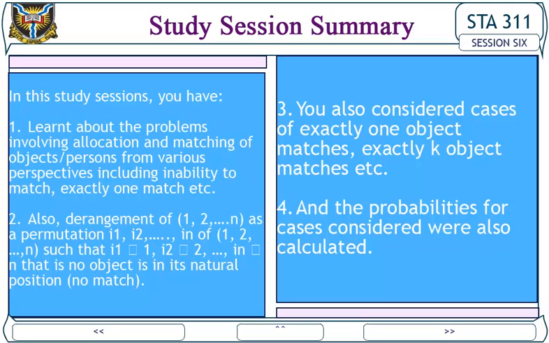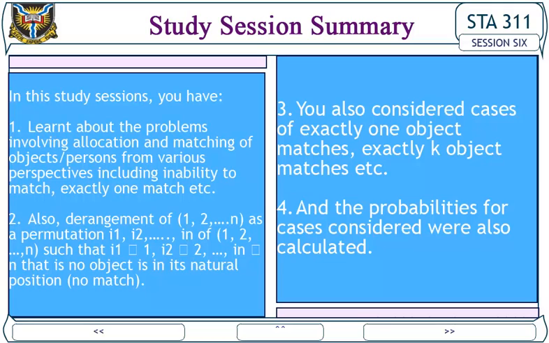Summary of study section 6. In these study sessions, you have 1. Learned about the problems involving allocation and matching of objects, persons, from various perspectives, including inability to match, exactly one match, etc. 2.